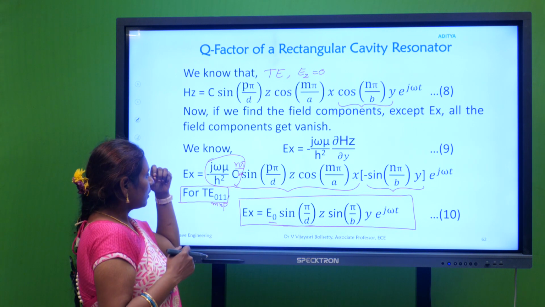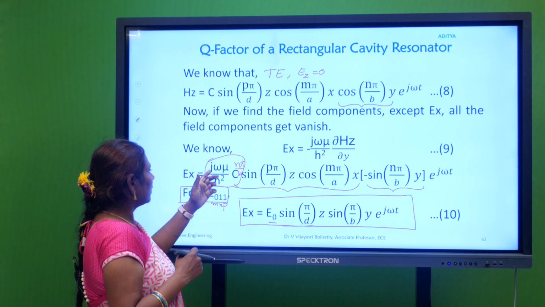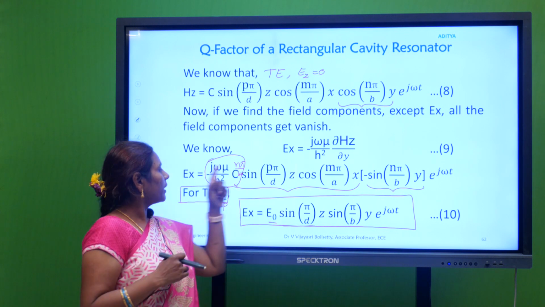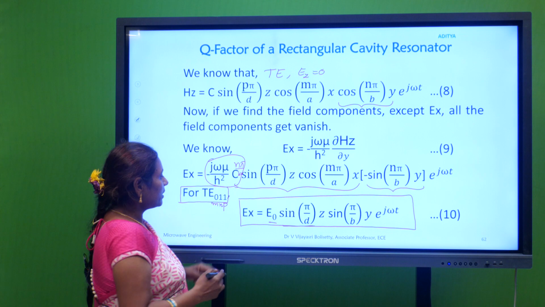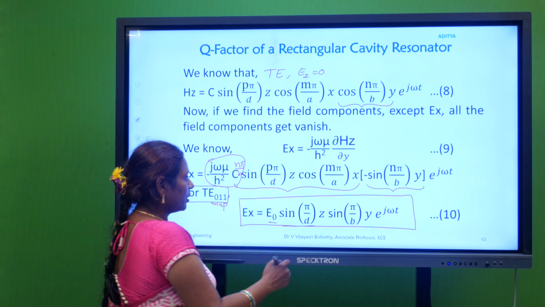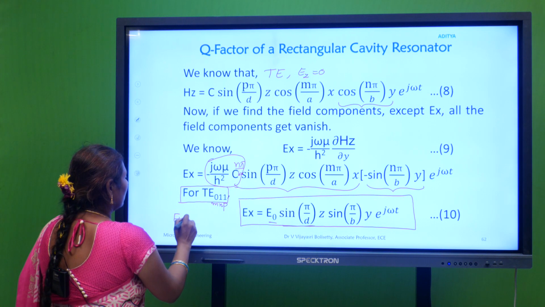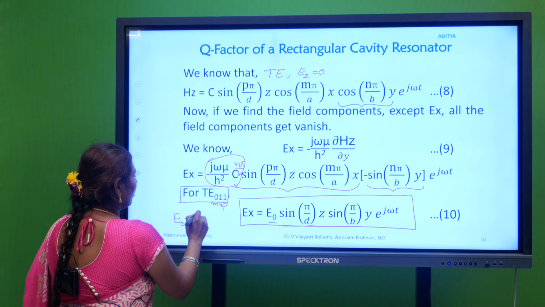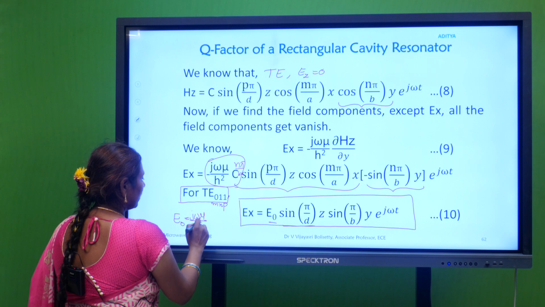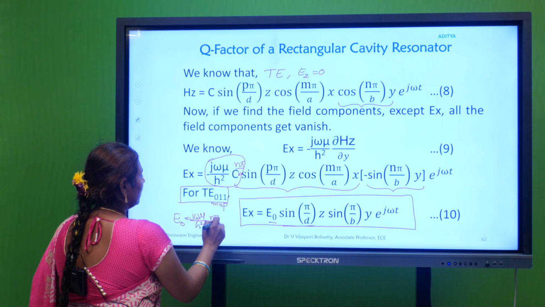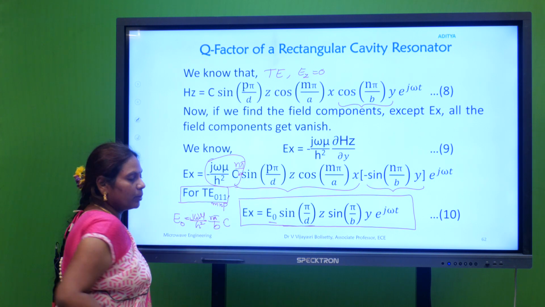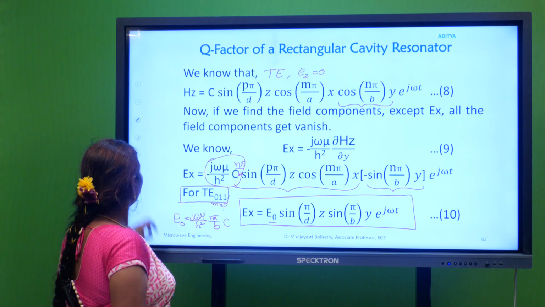Especially here, the minus and minus get cancelled, so we can simply say E naught is nothing but j omega mu by h square n pi by b into C. This we can consider as the peak value E naught.